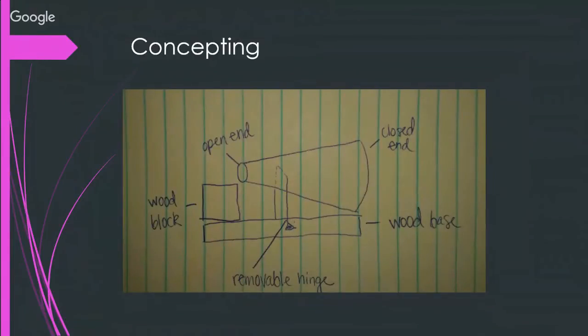Now, the task in my class happened to be making a mousetrap. The important part about concepting is that you do not have to be an artist. The point is to get something visual into the process, because we've already had two aspects of written explanation, and now designing further, we have a visual aspect.